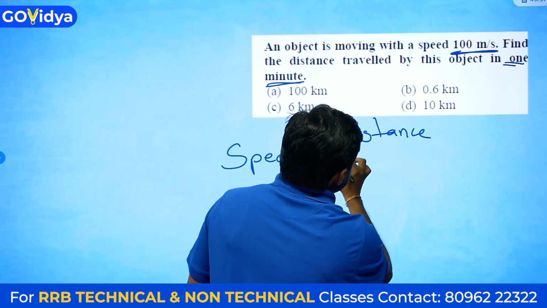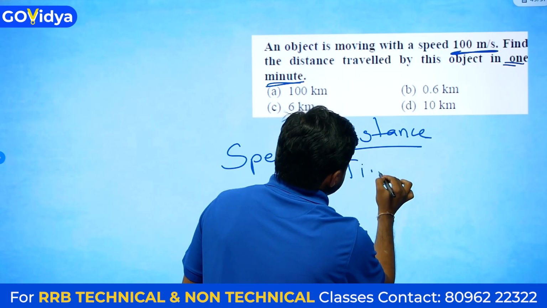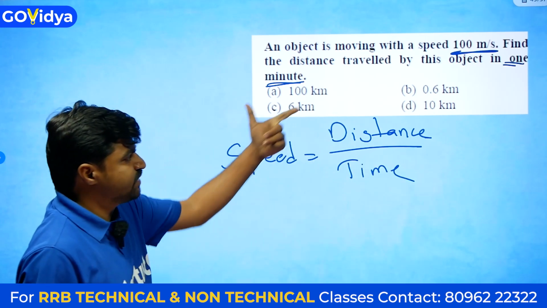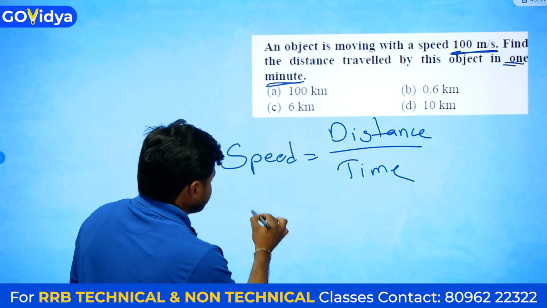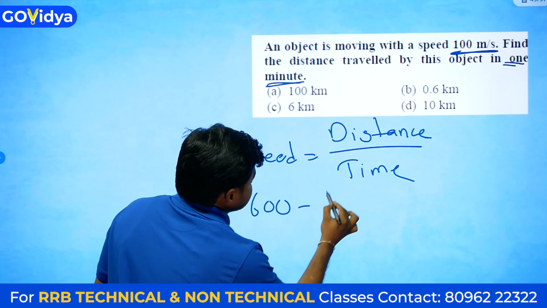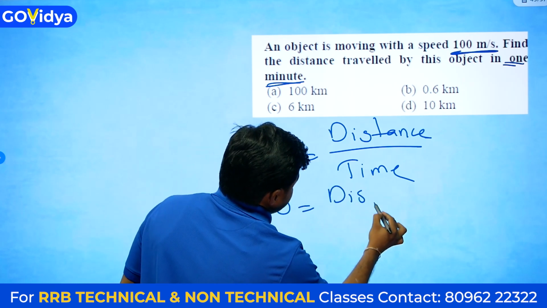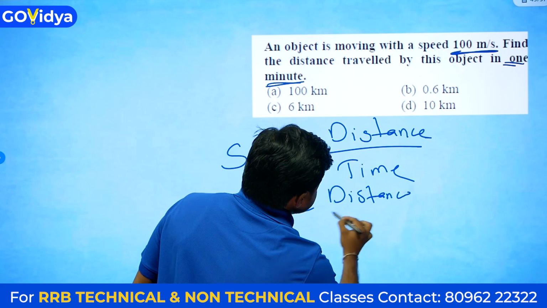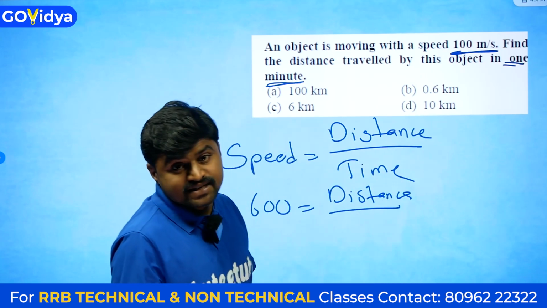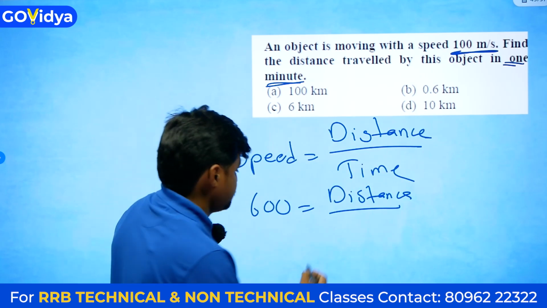Time is 1 minute, and 1 minute is equal to 60 seconds.